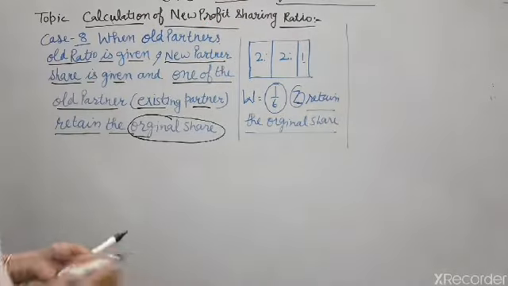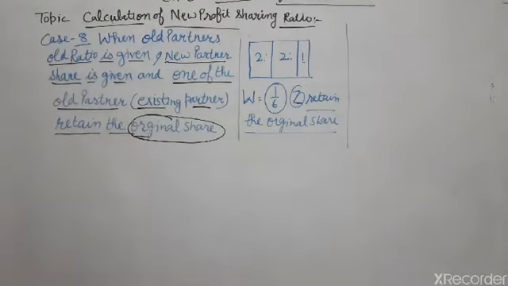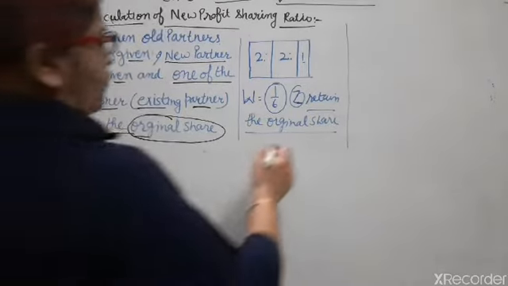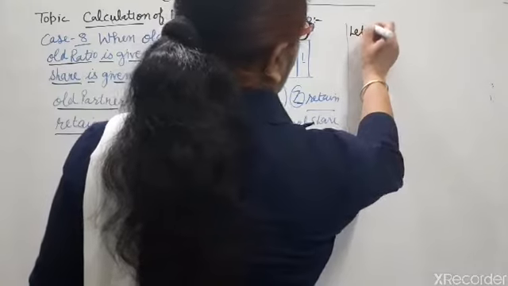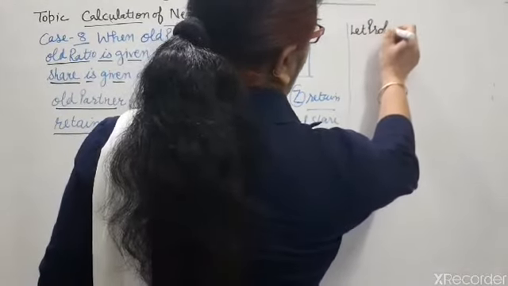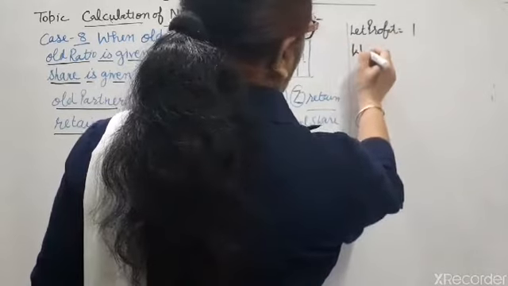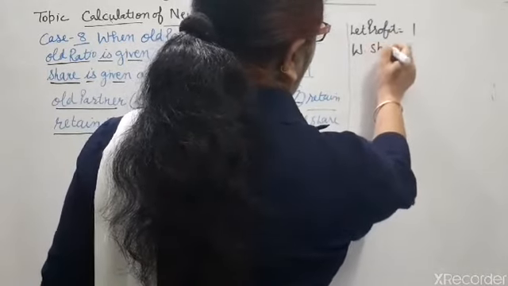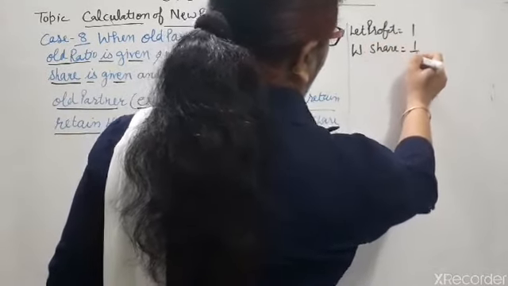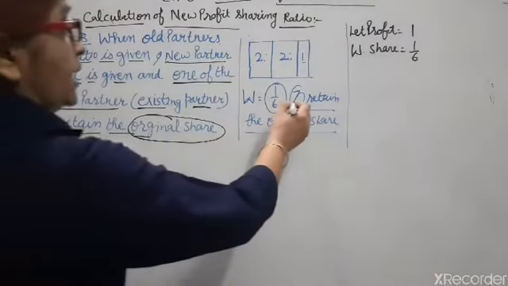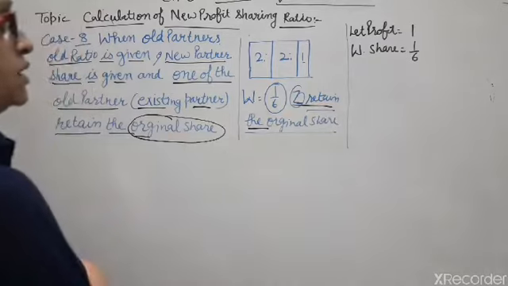How can we solve this concept? Same as before, let the profit be equal to 1 and W's share, the new partner, is 1/6. Now the condition here is that Z also retains the original share.